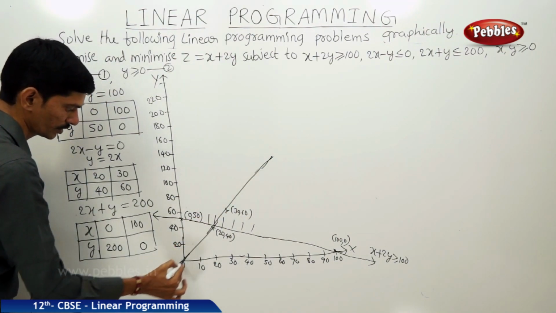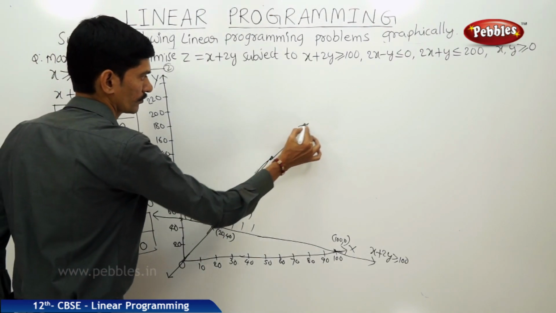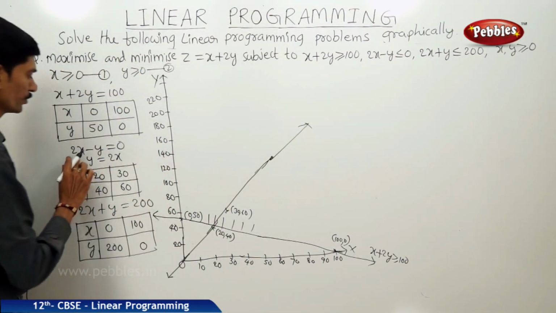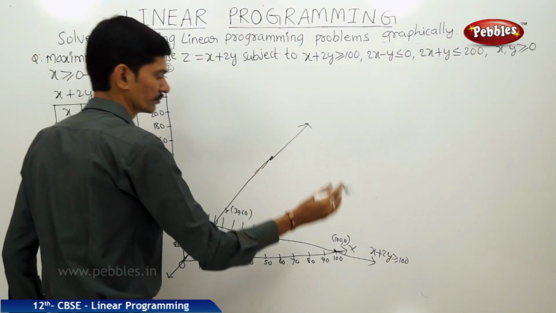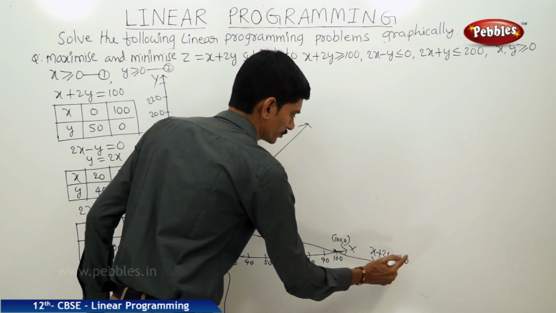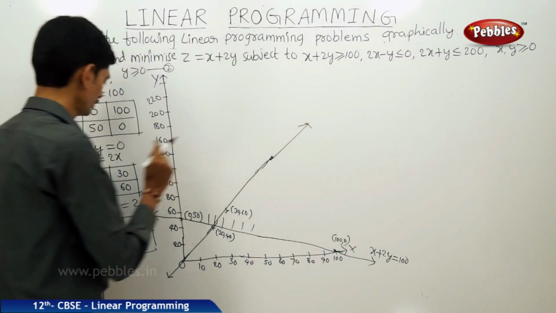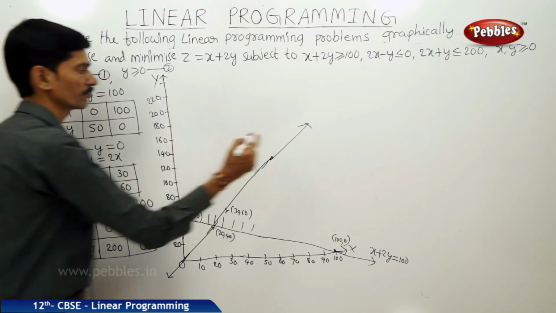And we know that it passes through the origin. So this is 2x minus y equal to 0. So this we have to show by x plus 2y equal to 100. And this one is 2x minus y equal to 0.